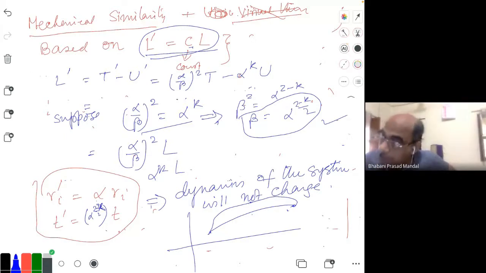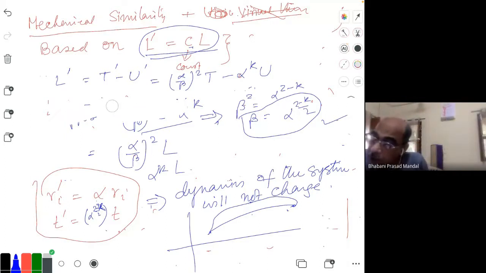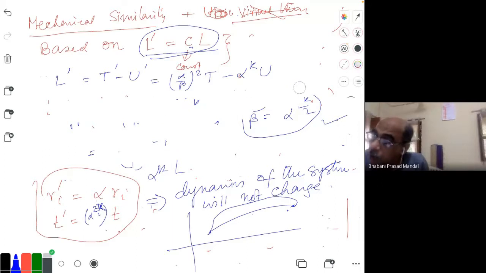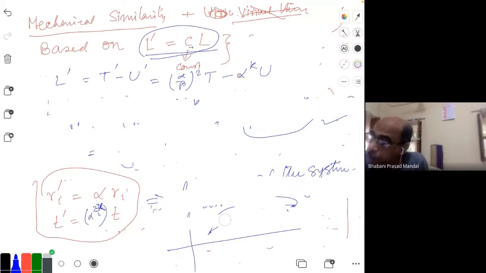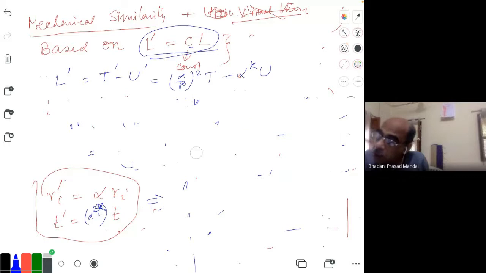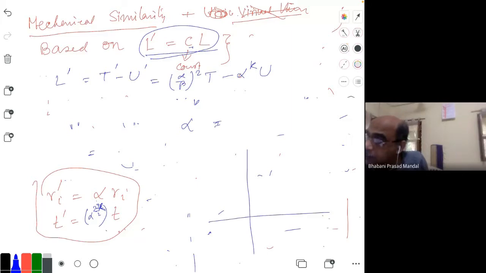So this is important for us. Let me erase this part, which is not important now. This is my initial path, my old path, from this point to this point. The length scale in this path is L, and the length scale in the new path is L prime.